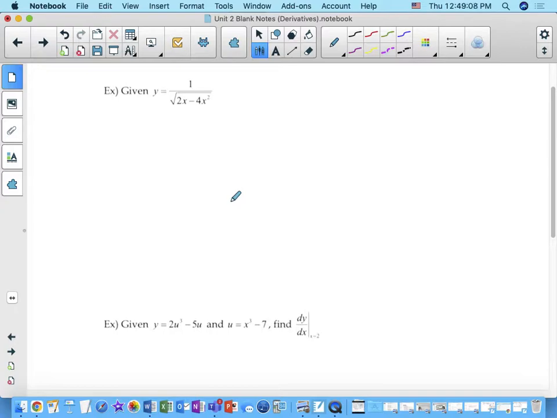Because this is 1 over 2x minus 4x squared to the 1/2. So in the numerator, it's going to be y equals 2x minus 4x squared to the negative 1/2. Okay, and now once we have it written that way, it becomes more clear what the outer function is and what the inner function is.